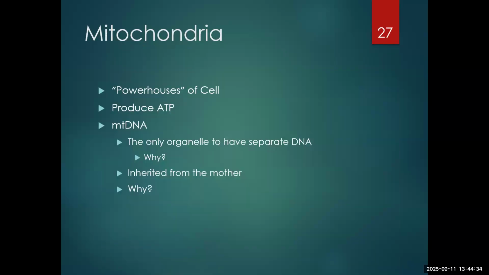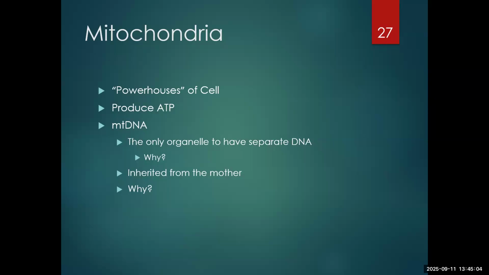And the reason is that billions of years ago, mitochondria were once a separate organism. So they were once a bacteria that lived on their own. So they had DNA just like all bacteria do. But sometime over 1 billion years ago, they were incorporated into other cells.